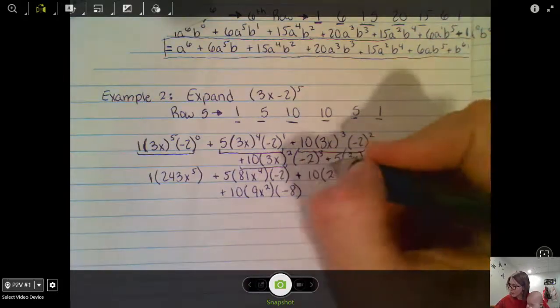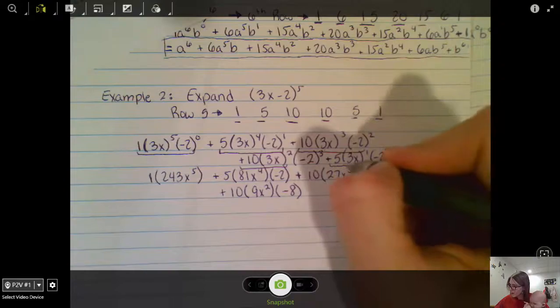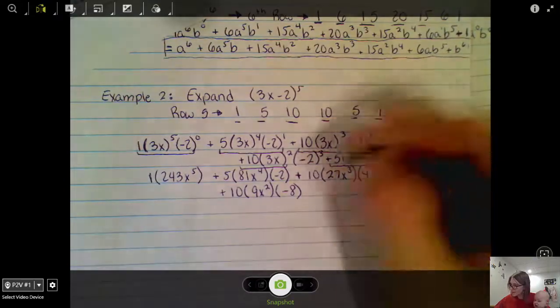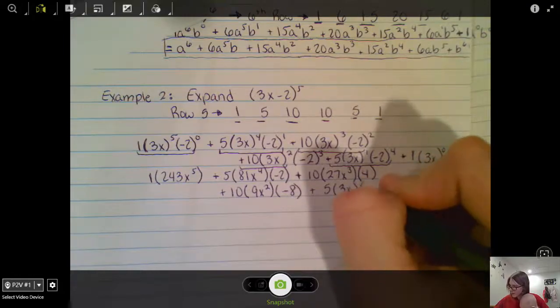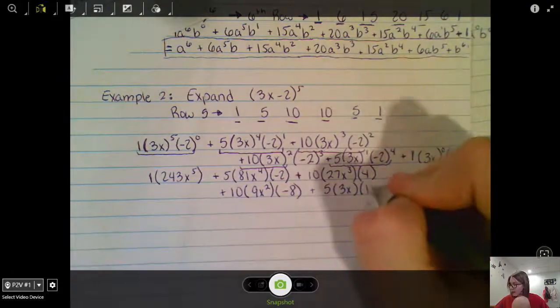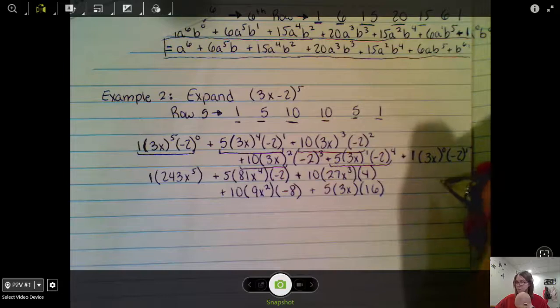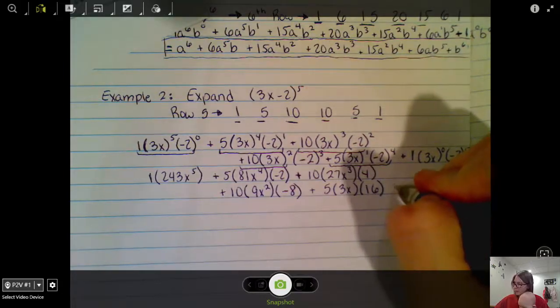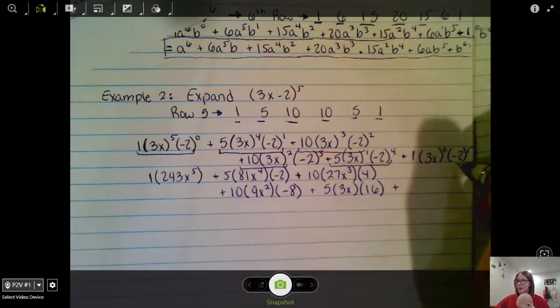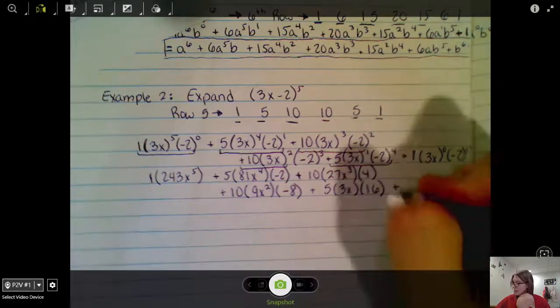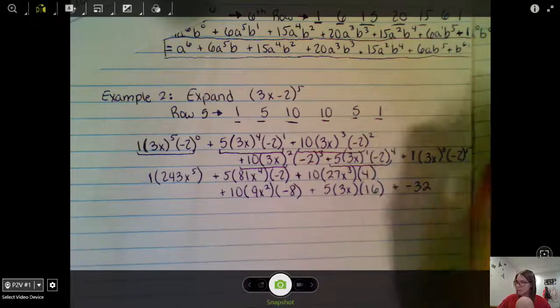And then we have this 5 times 3x to the first. Negative 2 to the fourth power is positive 16. Plus 3x to the 0 power. Okay, I don't really need to write that. Negative 2 to the fifth is negative 32.